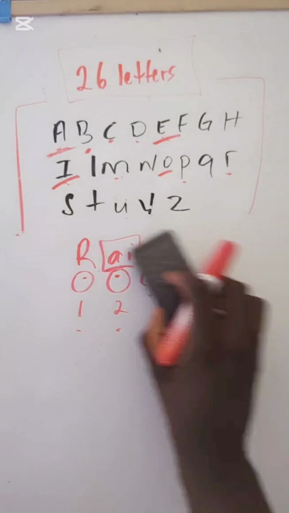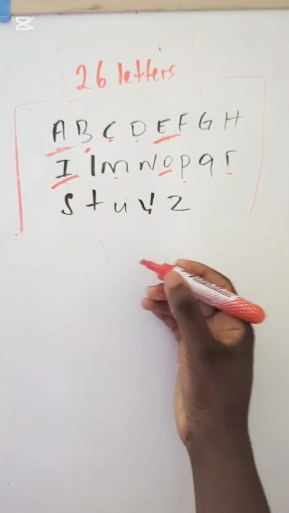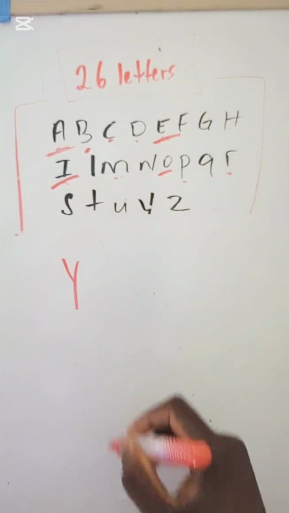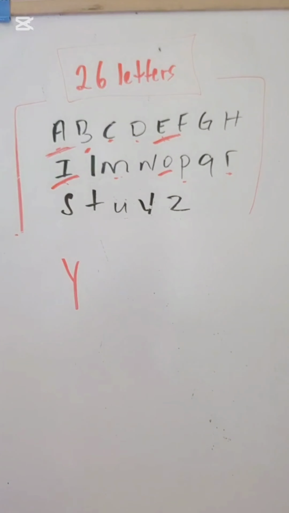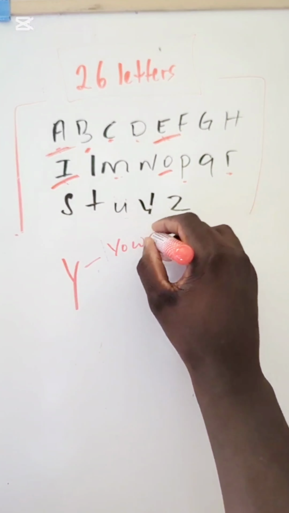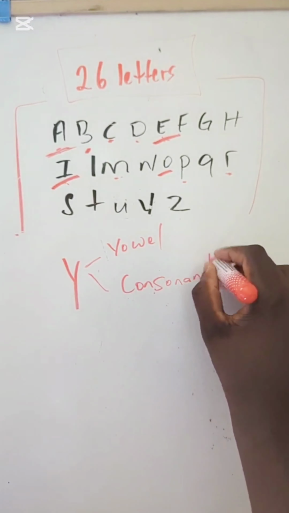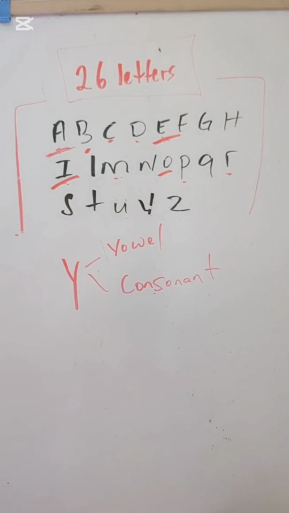Right? Now, A, E, I, O, U, and sometimes Y. Let's look at Y for a little bit. The Y is a semi-vowel. But how do you know whether you have to pronounce the Y as a vowel or as a consonant? Anybody know?